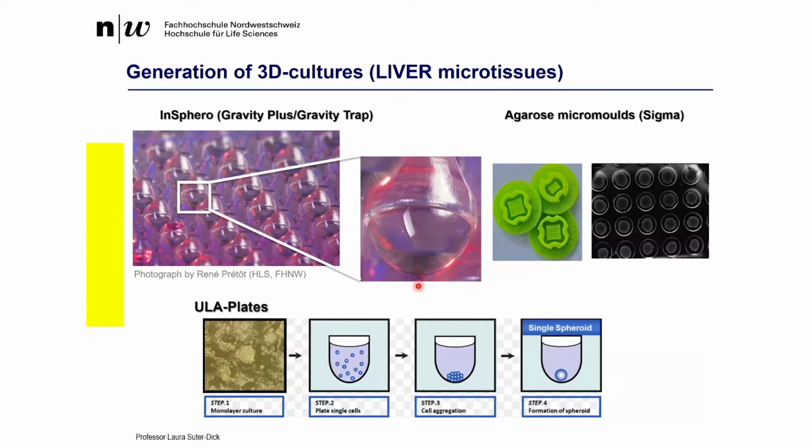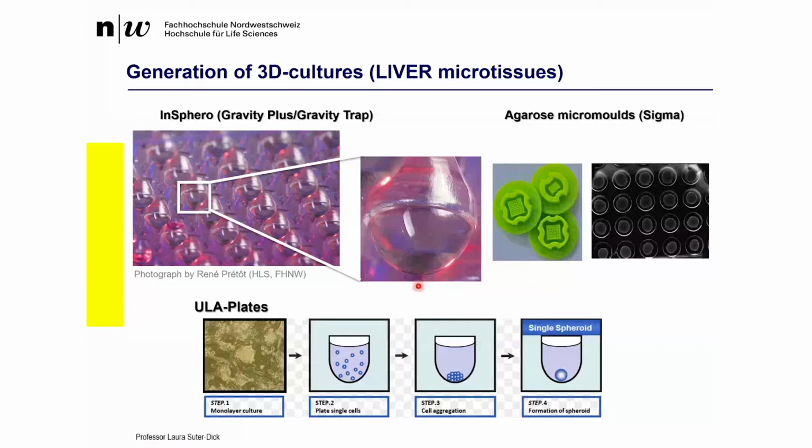We can also generate agarose molds, and you see here we have also very small wells, each made of agarose. We can generate a microtissue in them. And for today more important, the ULA plates, ultra low adherence plates.